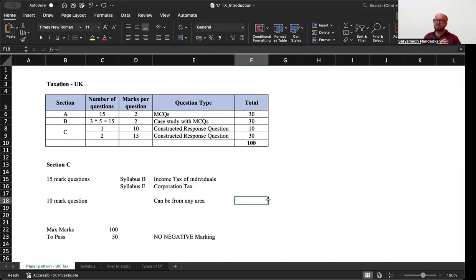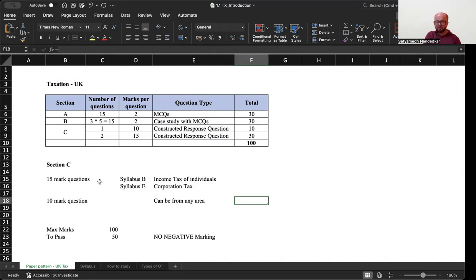For example, they will ask you to calculate the taxable income and the tax liability of an individual. They might ask you to calculate the total employment income and the total property income, and then the next expectation would be to calculate the total income tax liability. Or the question could be on corporate tax, VAT; different areas are possible.